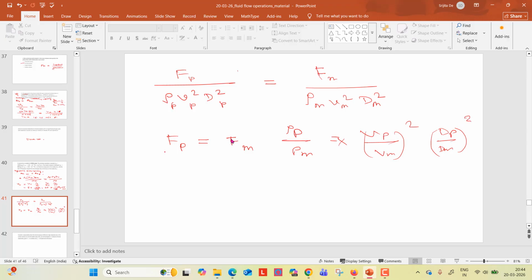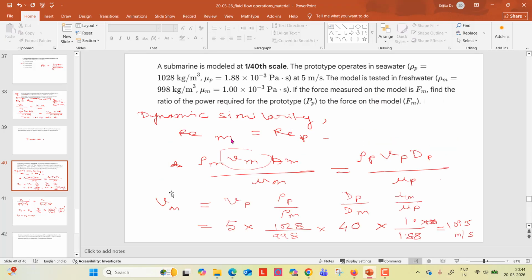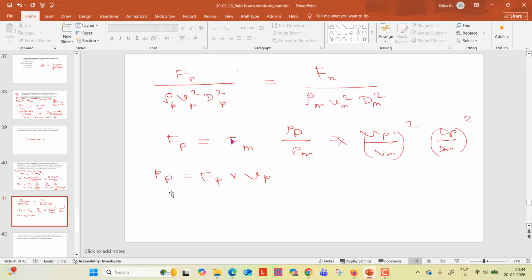Also, power for the prototype means Pp equals Fp into Vp, right? So the question was about the power required for the prototype to the force on the model. So that is the Pp by Fm ratio, right?